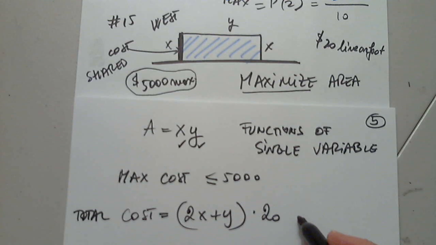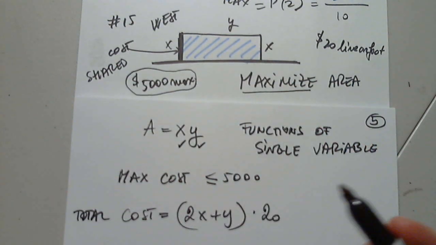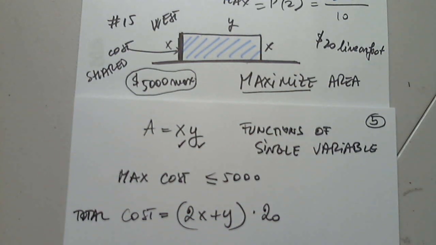So then I will say that the total cost for us, or the farmer, will be 2x plus y times 20 minus 5,000. Okay, so at this point, we have to connect the area to this x and y somehow.